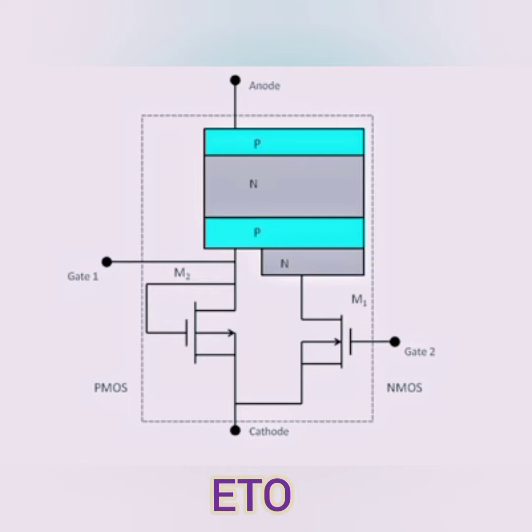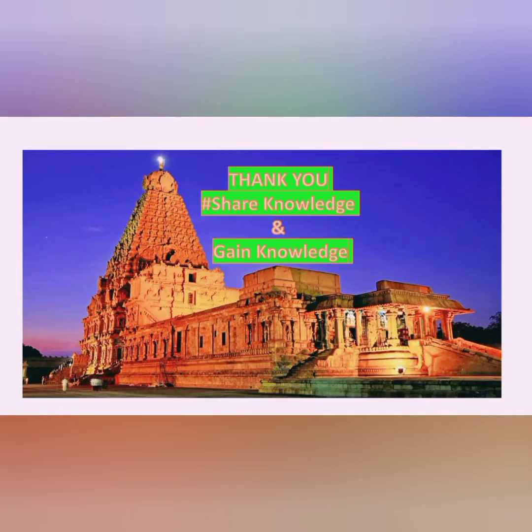So here we have two gates, as I said. P and N type MOSFETs are used between those gates. So for turning on and turning off with that gate pulse, we will turn on and turn off the thyristor.